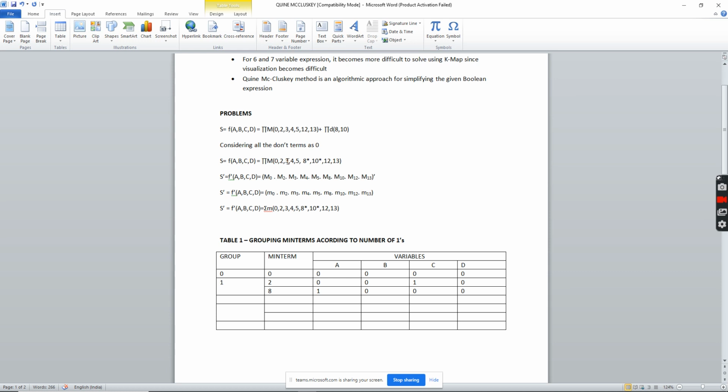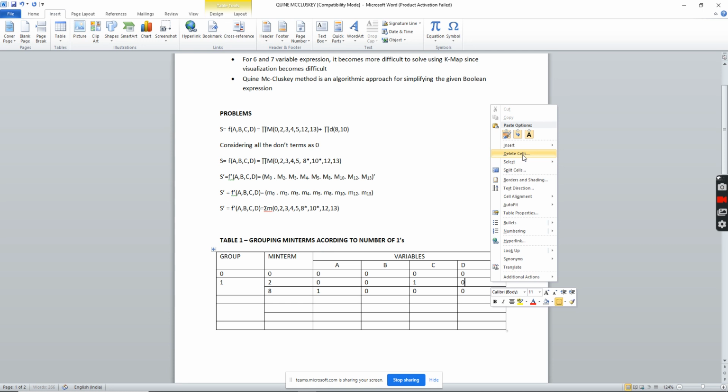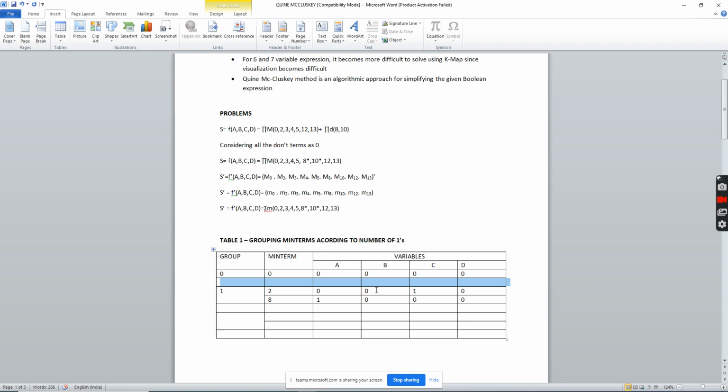Next, 4 will also be there, 0, 1, 0, 0. So I have done 2, 4, 8. 2, 4, 8 are marked.